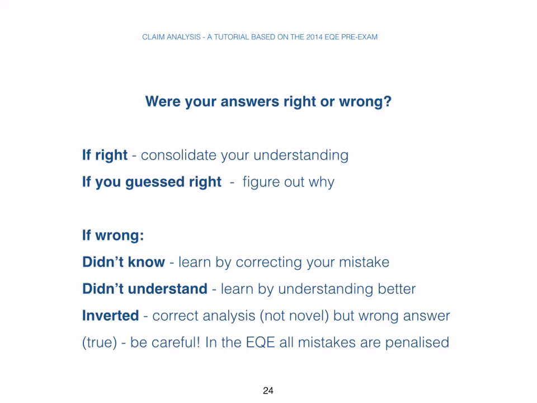And it could be that you came to what I call an inverted answer. That is, you made the correct analysis. Let's say the claim was not novel, but you gave the wrong answer. You said true instead of false. So be very careful with inverted answers, because in the EQE, all mistakes are penalized. So it doesn't matter what type of mistake you make, all mistakes are penalized in the EQE. Good. Let's turn to the examiner's report and see what the examiners said.